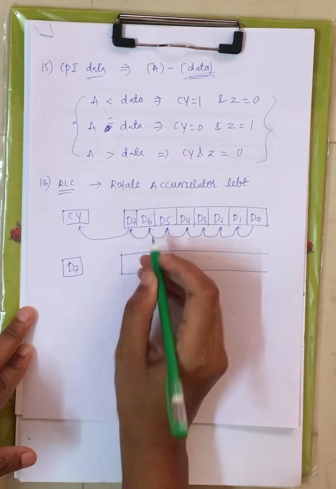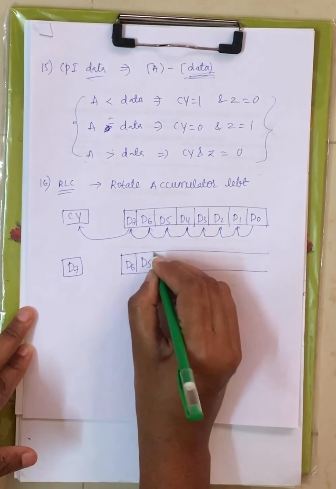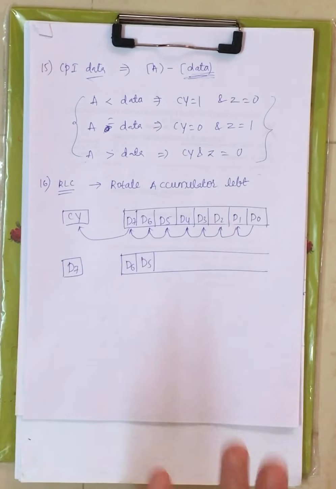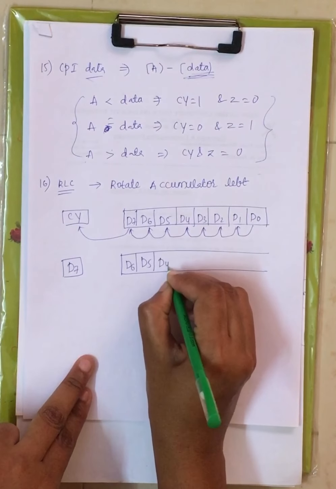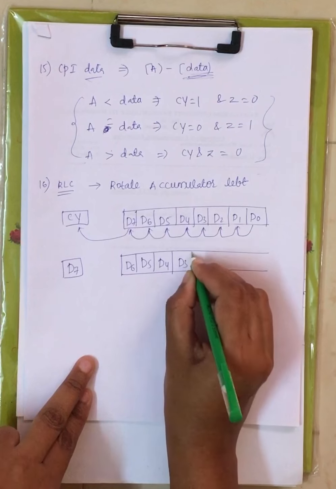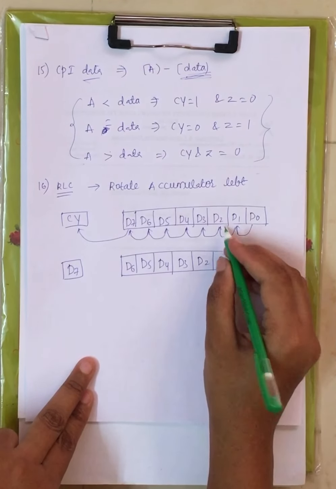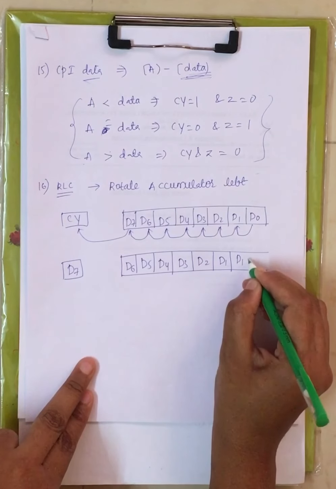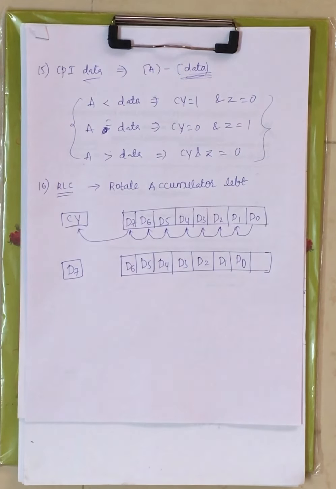Now D7 is replaced with D6 and D6 is replaced with D5. You are shifting each bit by the adjacent left position: D5 by D4, D4 by D3, D3 by D2, D2 by D1 and D1 by D0, right? Now we have one more box left out, D0.